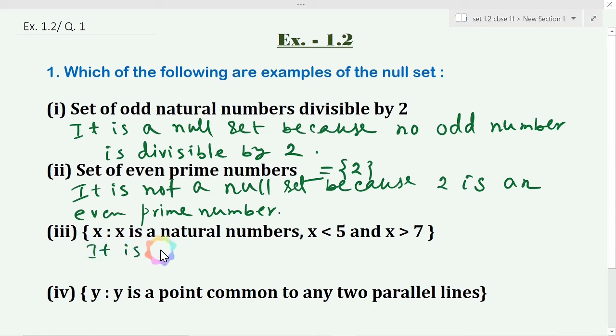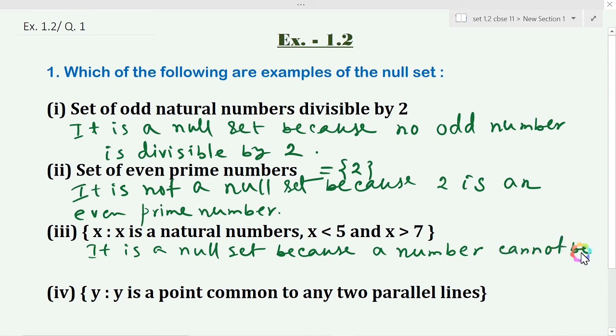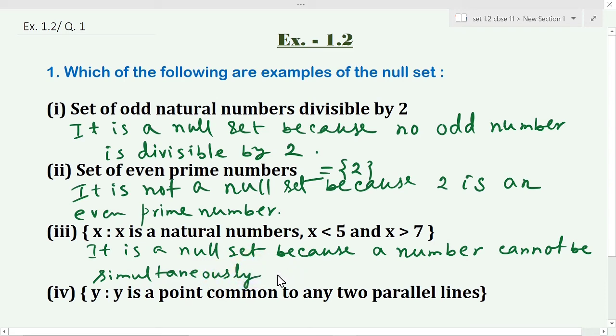So it is a null set, because a number cannot be simultaneously less than 5 and greater than 7.